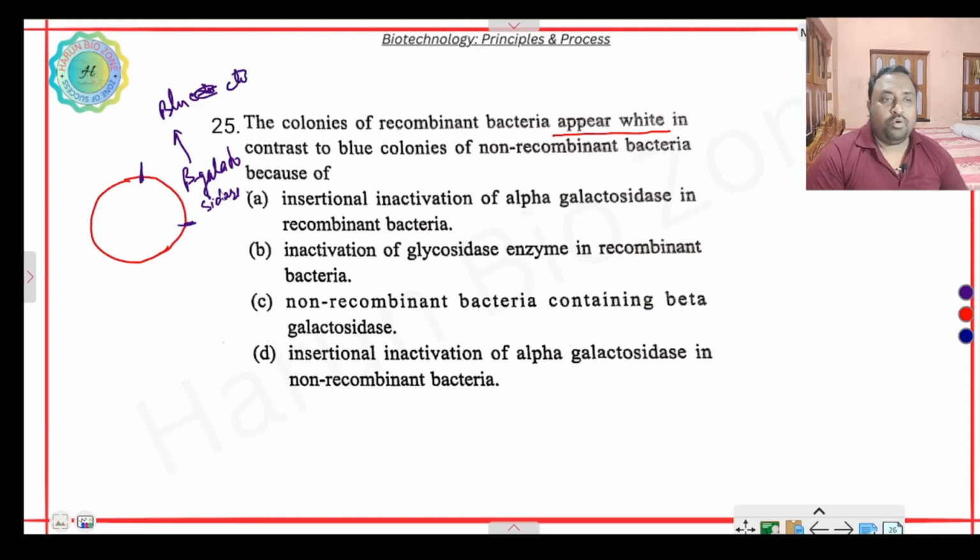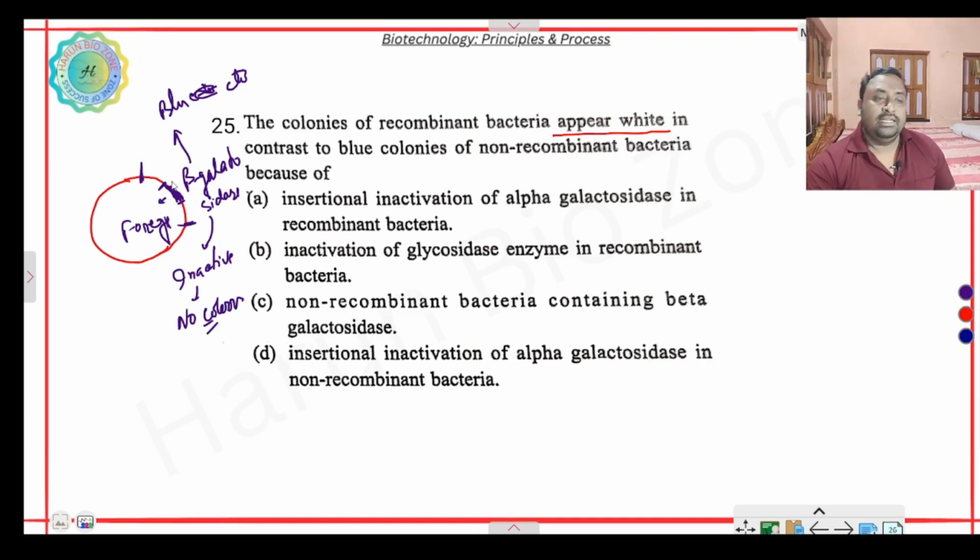But when some foreign DNA is inserted inside this beta galactosidase, the beta galactosidase becomes inactive. When inactive, no color is produced. So in case of recombinant DNA, when foreign DNA is inserted in the beta galactosidase region, these do not produce color. But in case of non-recombinant DNA, the beta galactosidase remains active, so it produces blue color.